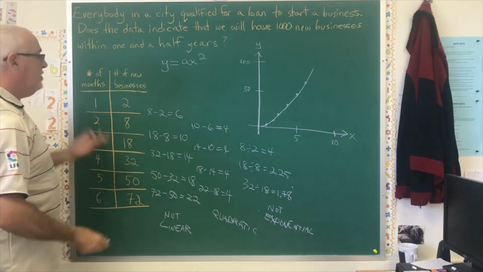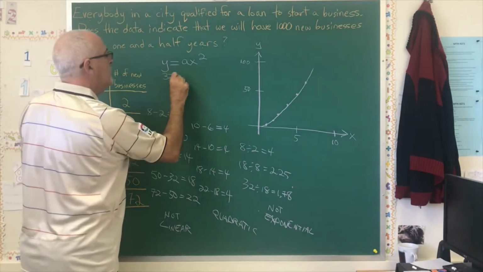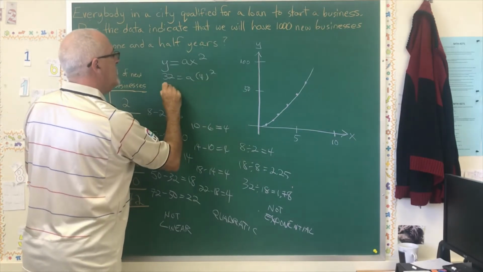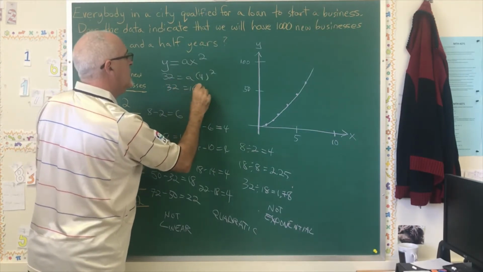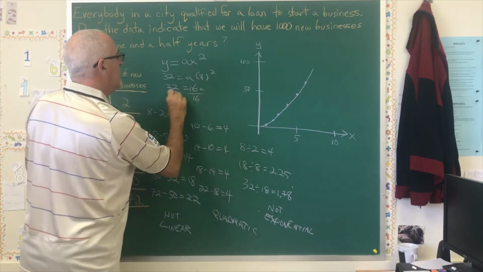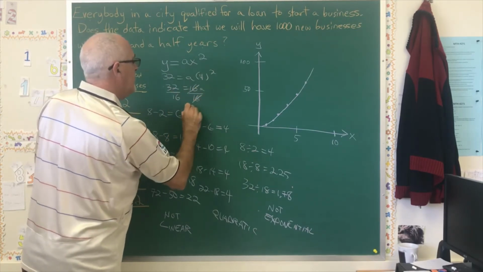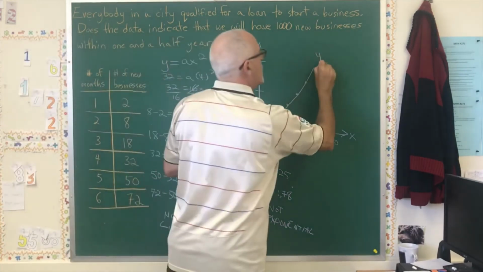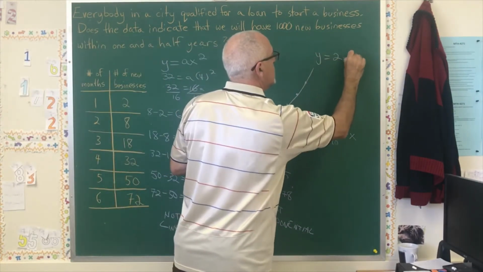I'll try (4, 32). 32 equals a times 4 squared. 4 squared is 16, so 32 equals 16a. And we isolate our a, and we get a equals 2. Therefore, our equation is y equals 2x squared.